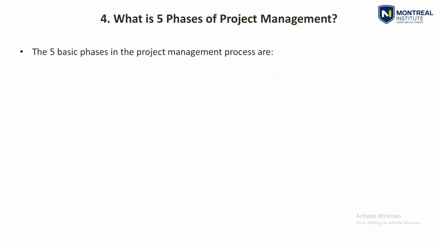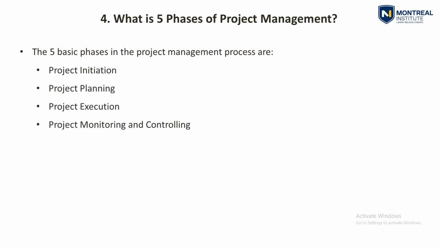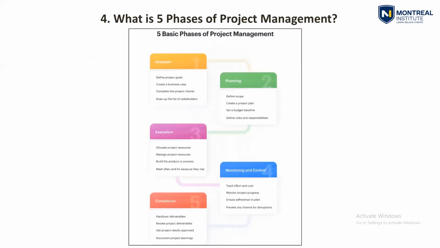The five basic phases in the project management process are project initiation, project planning, project execution, project monitoring and controlling, project closing. So these five phases we have discussed in the earlier slide. As an image, you will see like this: initiation, second one will be planning, third one will be execution, fourth one will be monitoring and control, the fifth one will be completion or closeout, or you can say closure of the project.